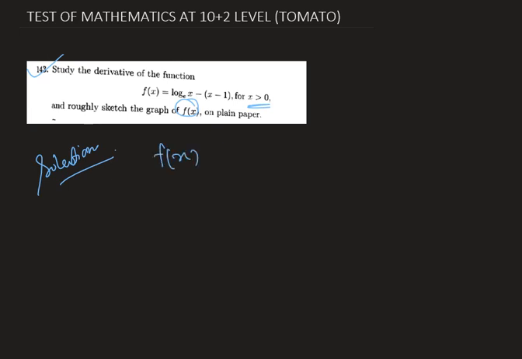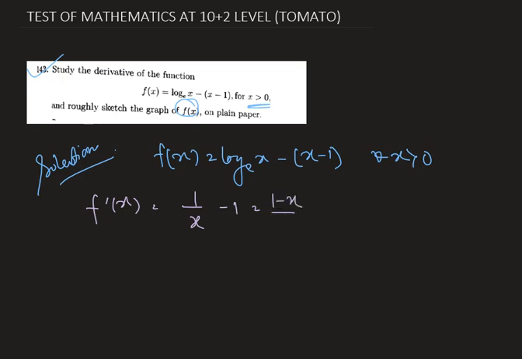We have f(x) equals log base e x minus x minus 1 for all x greater than 0. Therefore, f prime x, or the first order derivative of the function f(x), is equal to 1 by x minus 1, which results in (1 minus x) by x.